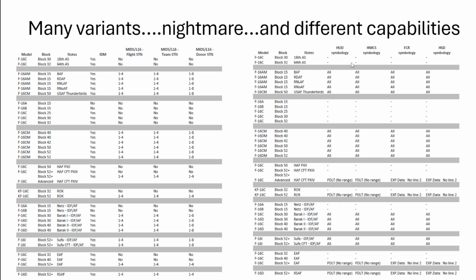On the right side, you see how the symbology should be. PDLT, where is everything, expanded data. I'm going to talk a little bit about that. It has it, or doesn't have it. Guys, you cannot imagine how much work it was to research that and to implement it, because we need to do that properly. All variations.